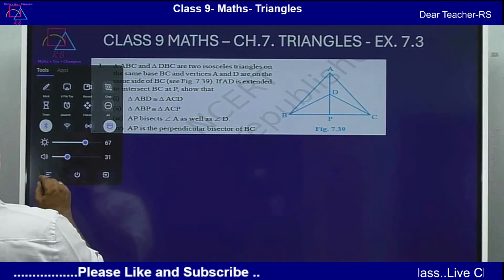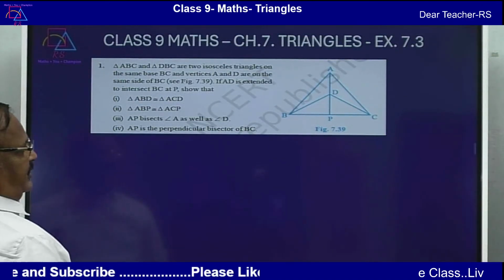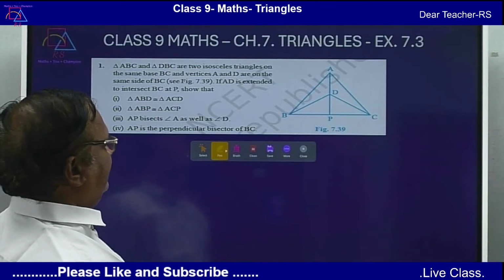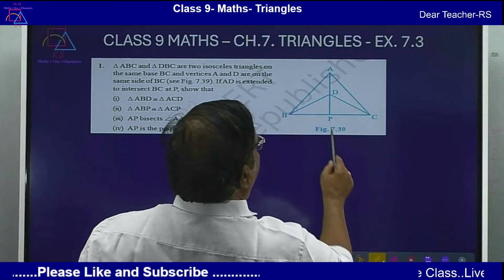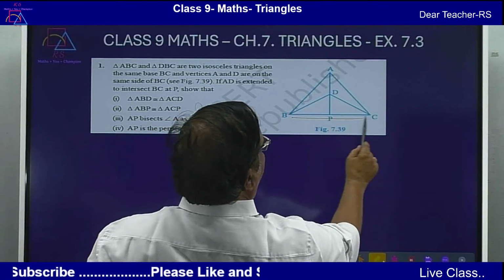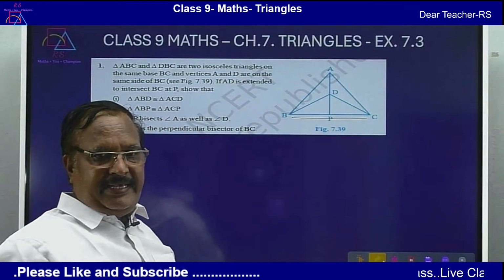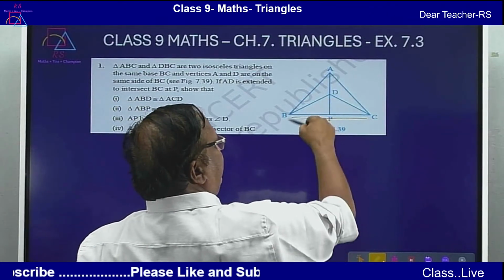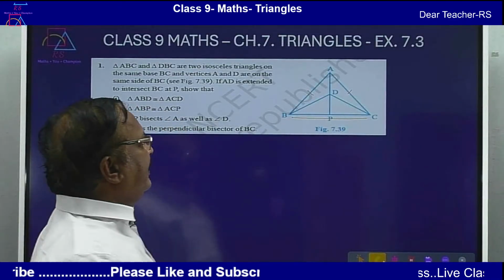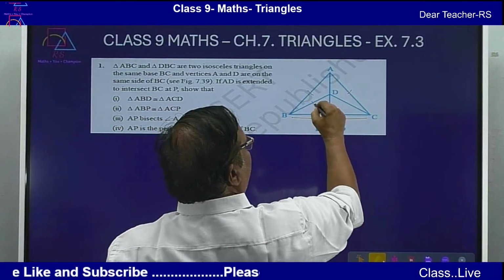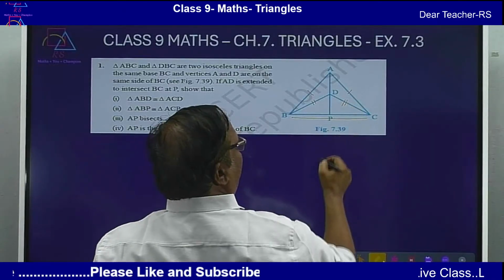So what I will do, I will show it. I hope you are able to see, my dear children. This is base. BC is the base, and ABC, that means these two sides are equal, and these two sides are also equal.